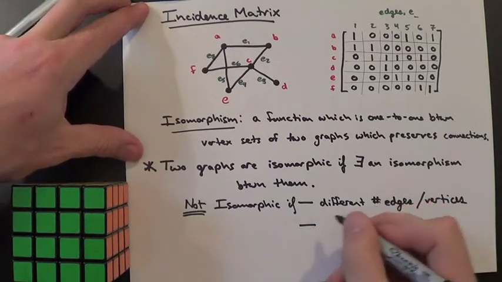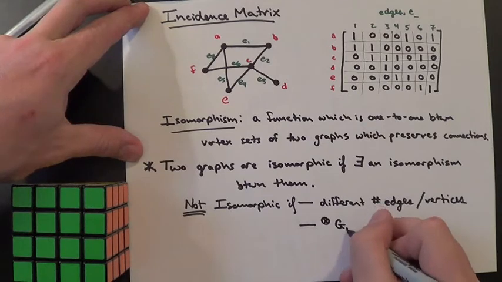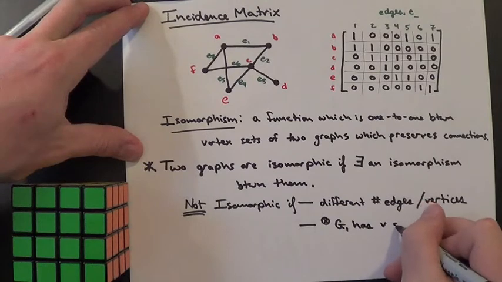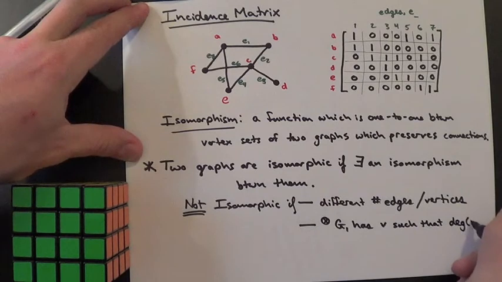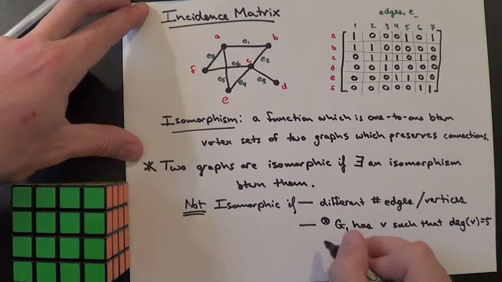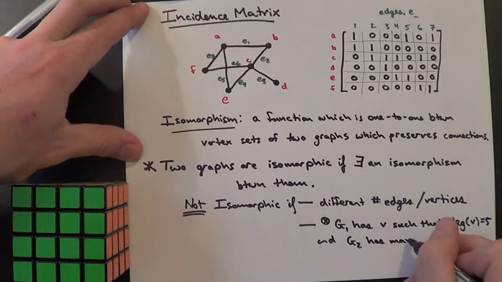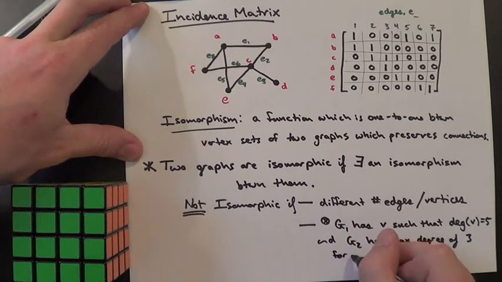Also, degrees of particular vertices. For example, if G1 has a vertex V such that the degree of V is 5, and G2 has a maximum degree of 3 for all vertices.